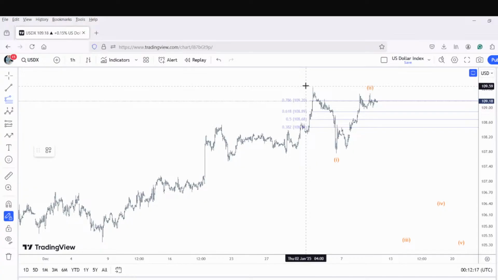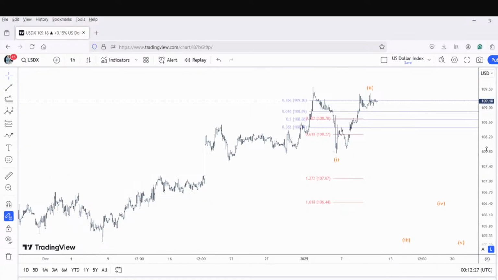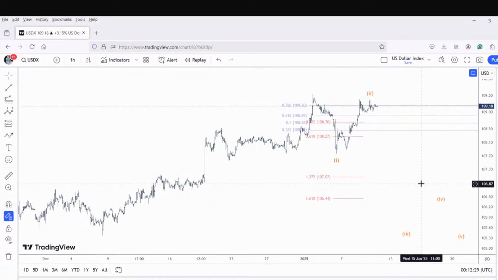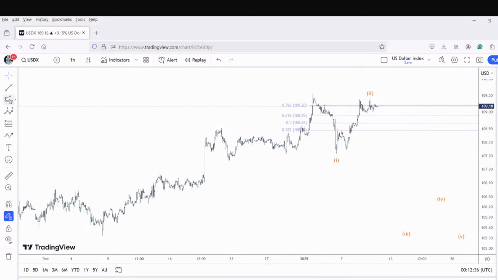We are still a few more days away for the noise to trigger with the new president-elect swearing-in ceremony on 20th. Okay, we can just take the simple Fibonacci extension.